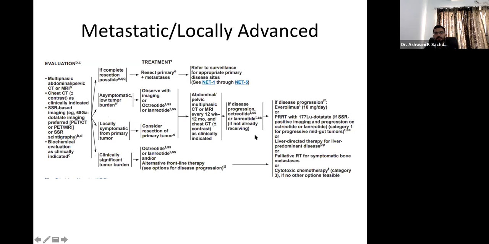In case there is disease progression after previous therapy, then further lines of treatment are the mTOR inhibitor everolimus given at 10 milligrams per day, PRRT, peptide receptor radionuclide therapy with 177 lutetium dotatate, which is category 1, liver directed therapy for liver predominant disease, palliative RT for symptomatic bony mets, and cytotoxic chemotherapy if there are no other feasible options, which is given for high grade neuroendocrine tumor.